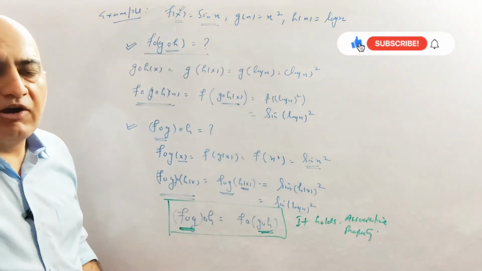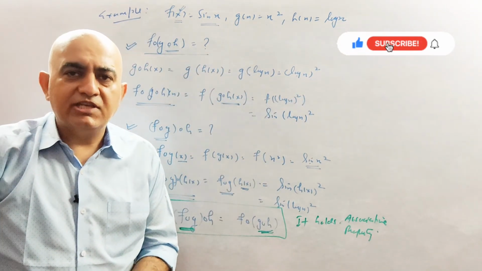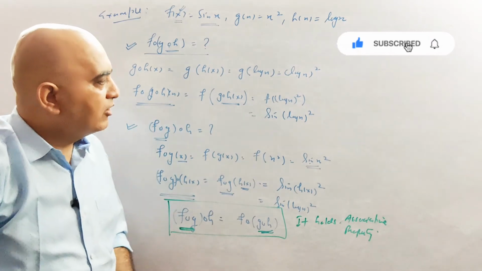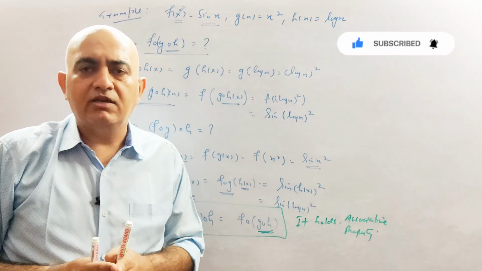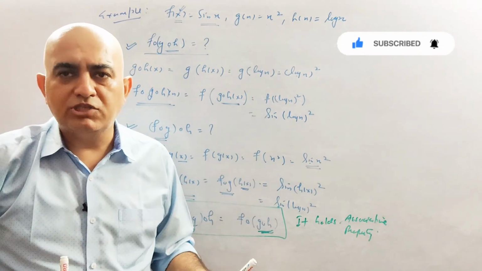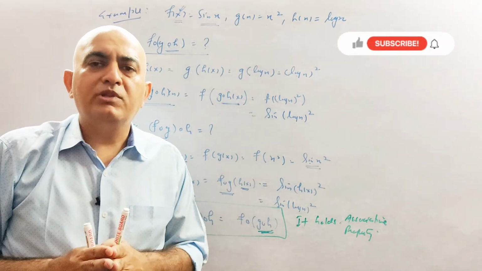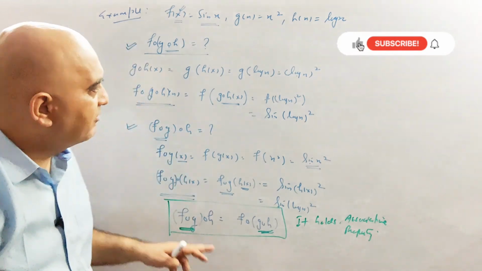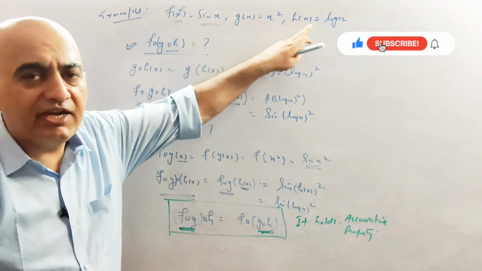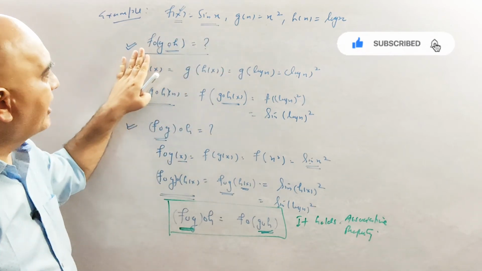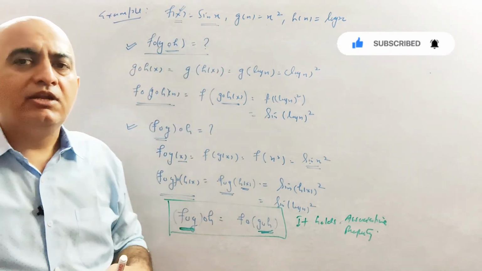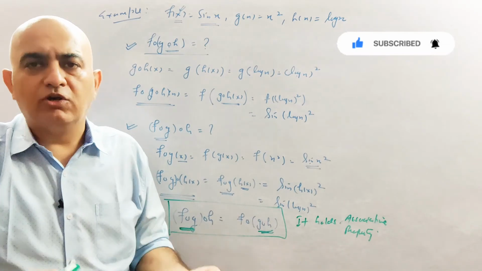So after discussing all the things, we have to conclude that if two functions are there, then f of g is not equal to g of f. It means composition is not commutative. But whenever you are taking three functions f, g and h, then first of all find f of g, then of h, and f of g of h.